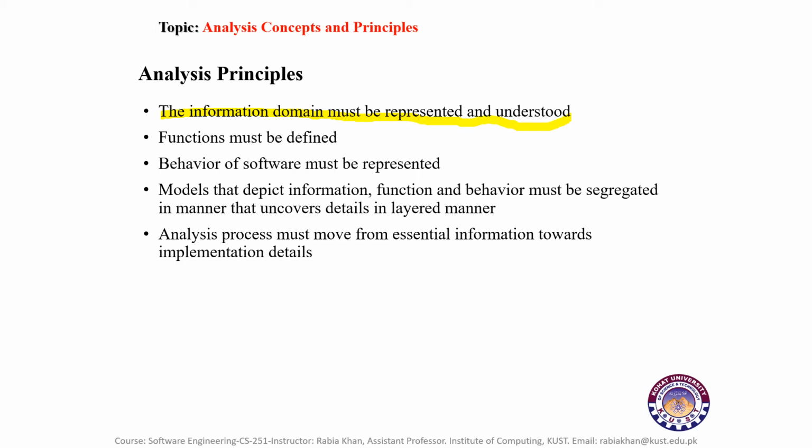Data and control objects can be related to other data and control objects. For example, the data object paycheck has one or more relationships with the objects time card, employee, bank, and many others. So during the analysis of the information domain, these relationships need to be properly defined.